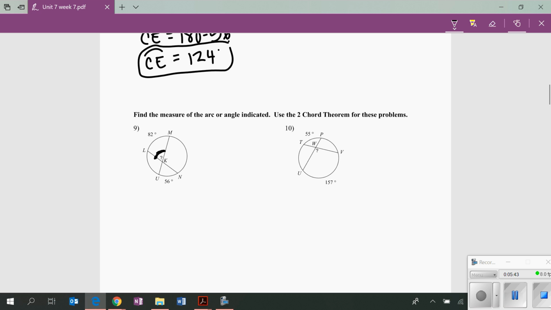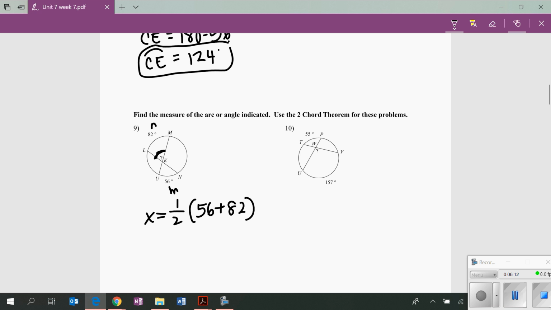In my two-chord theorem on my reference sheet, that means that 82 represents N and 56 represents M. So I'm solving for X, and that's going to equal 1/2 times 56 plus 82.